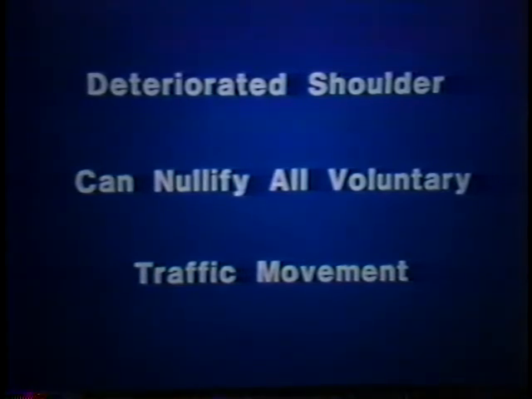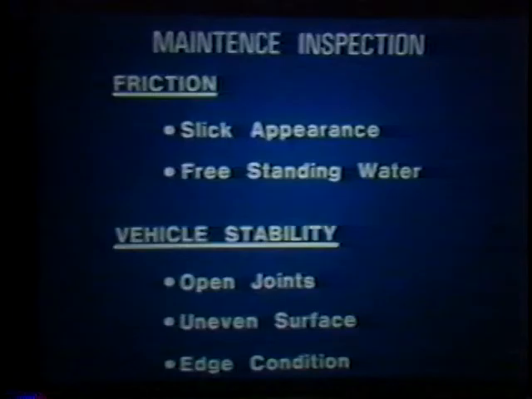To ensure that the shoulder is functional, to provide a margin of safety, attention must be given to both construction and maintenance. Routine maintenance can identify and correct the pavement and shoulder problems we've discussed. Poor surface conditions, poor drainage, and hazardous pavement edges can be identified during travel to and from maintenance locations.